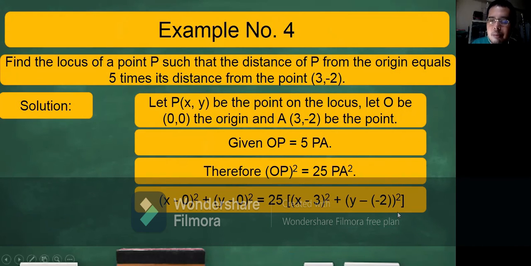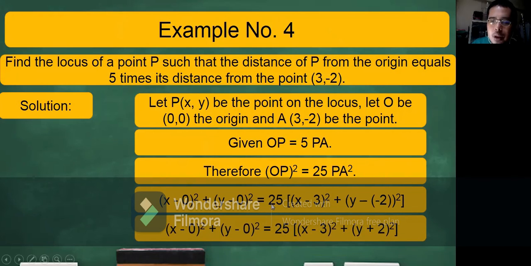Of course, we need to simplify. We need to remove the grouping symbols, simplifying the equation. So this is x minus 0 squared plus y minus 0 squared, which is equal to 25 multiplied by (x minus 3) squared plus (y plus 2) squared, since the negative of negative 2 is positive 2.